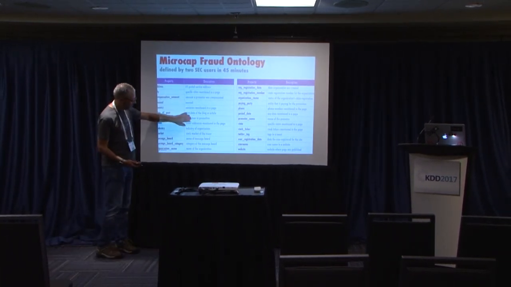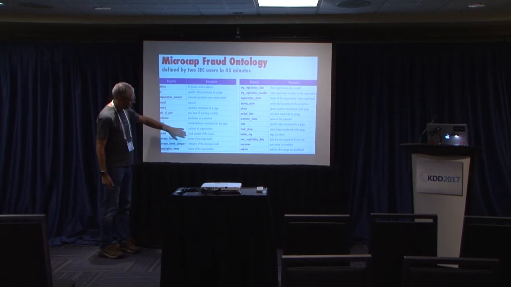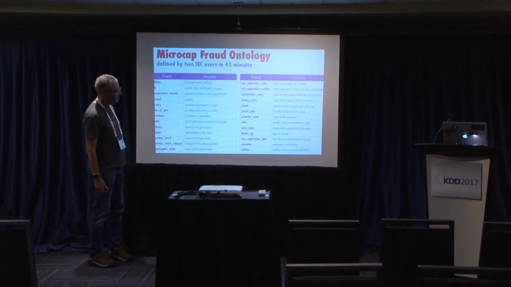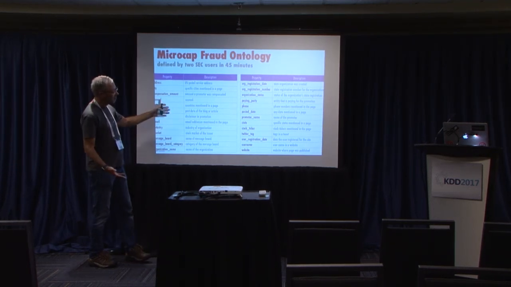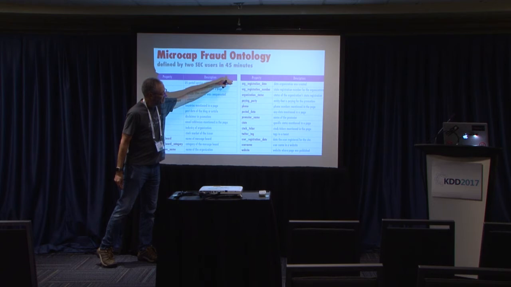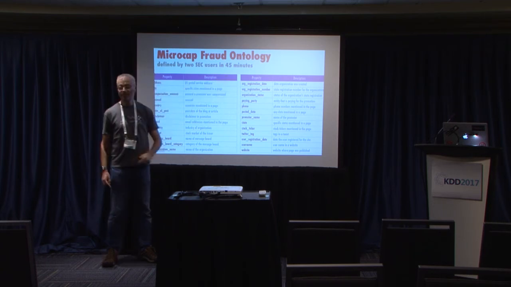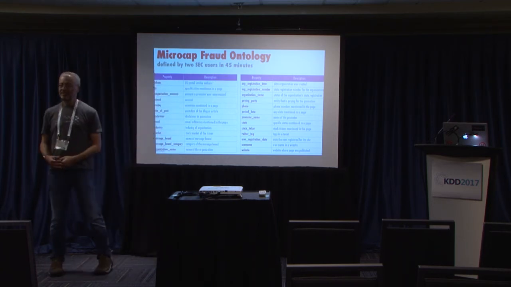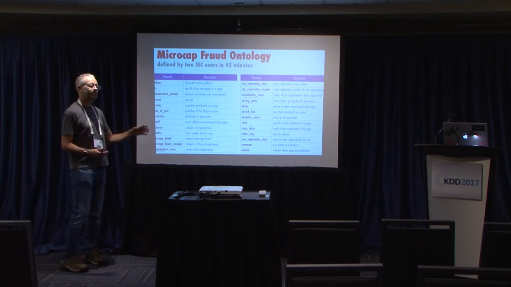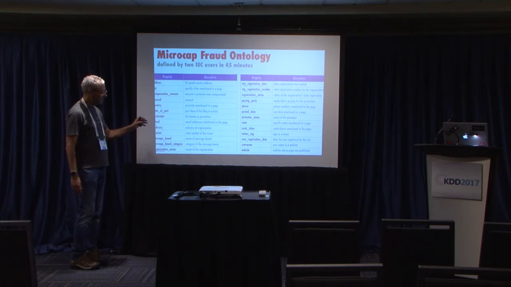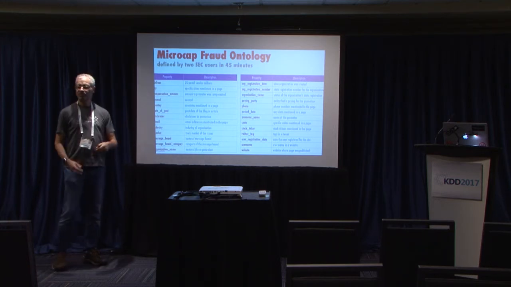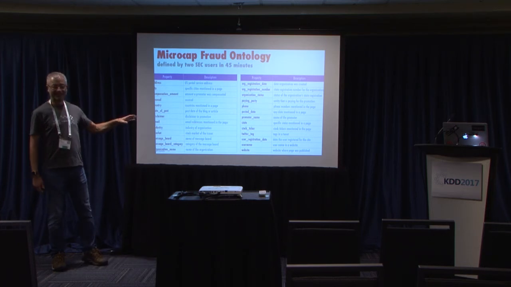And the industry they're in, the people who are associated with it, and when the company was started, and so on. So they define the ontology, and now they're trying to create extractors for the ontology that they defined.